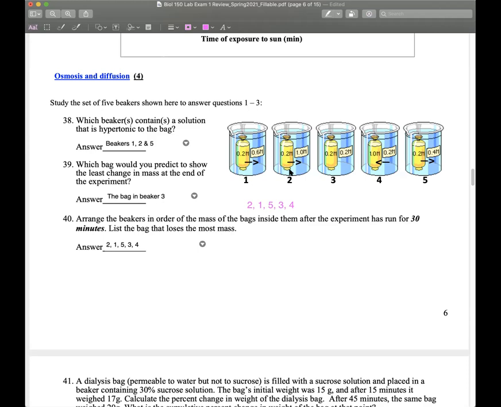And so number 2, this is going to weigh the least. It's going to lose the most water to the surrounding solution because the difference between these two values is so great. It's much greater than the difference in the other examples. Okay, thank you.